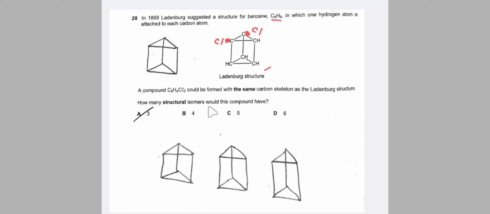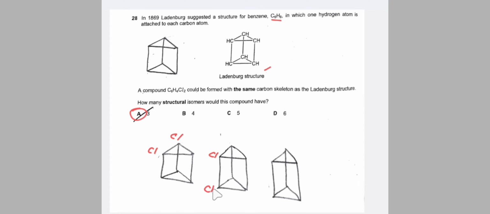How many structural isomers would this compound have? To draw the structural isomers, the answer should be 3, because this is one of the structural isomers, then this one is another structure. This one is not a new structure, because if we see that the structure, the two Cl are the same, so this structure is wrong.